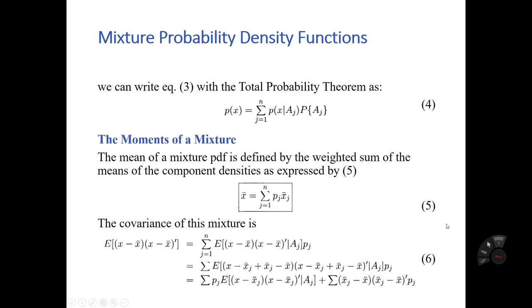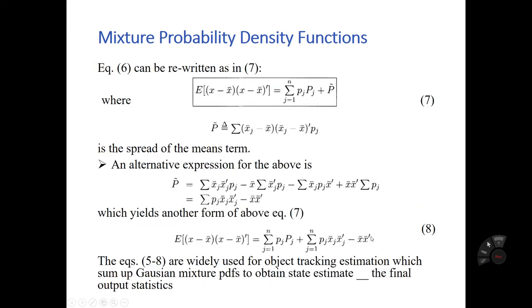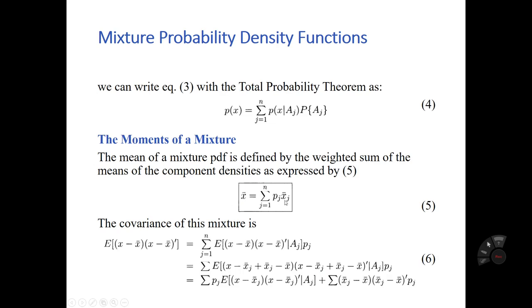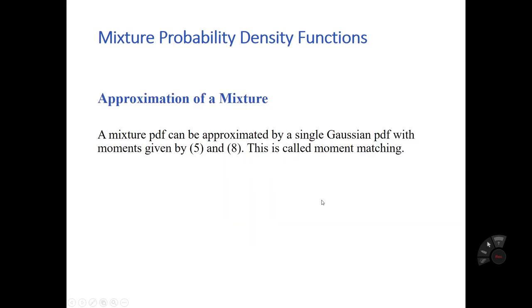If we do not use 5 and 8, it will be difficult to propagate j values of the mean and the covariance to the next time scan. So we just mix up the PDFs and obtain a single Gaussian PDF, and this is called moment matching.